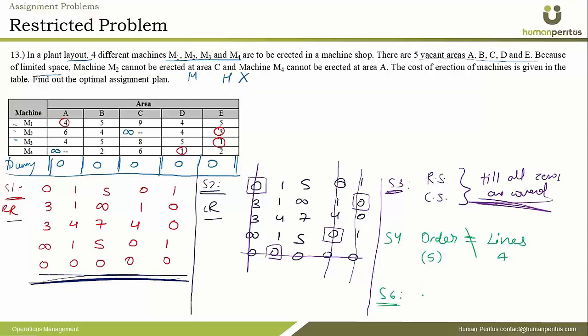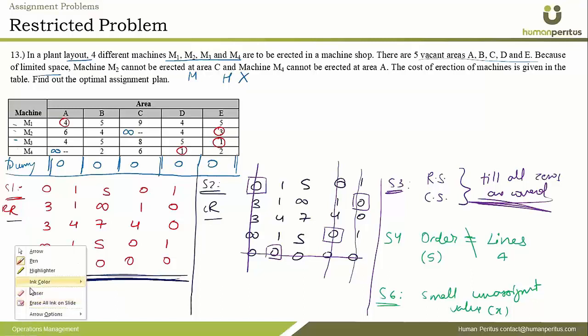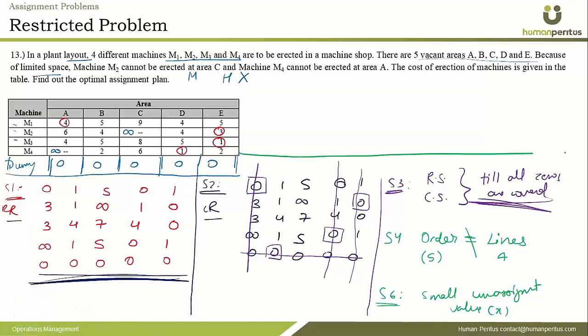Step 6 is the smallest unassigned value. Remember this term. Let this be x, and subtract x from all the other unassigned values. So let me make the next step 6 here.